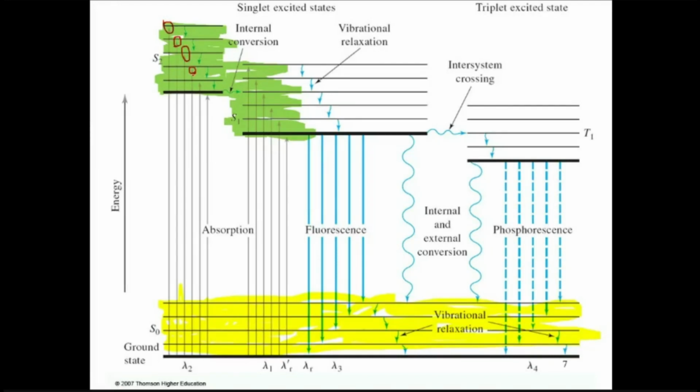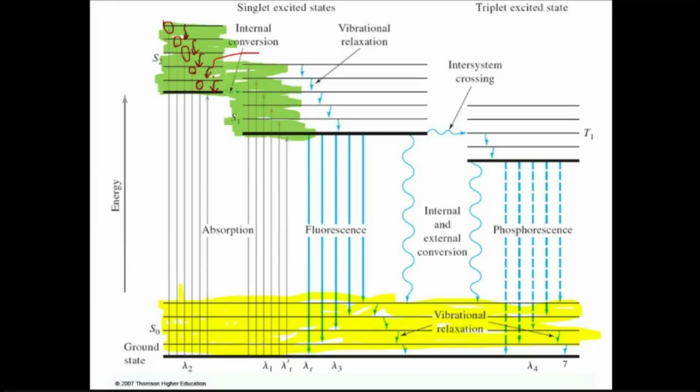Now, it may internally come down to a lower vibrational state by releasing energy in a process called vibrational relaxation. We are going to see what vibrational relaxation is. It may come down to lower and lower energy levels.